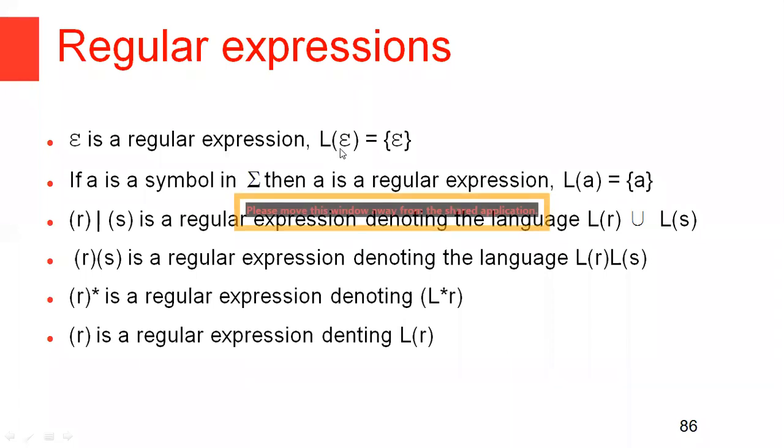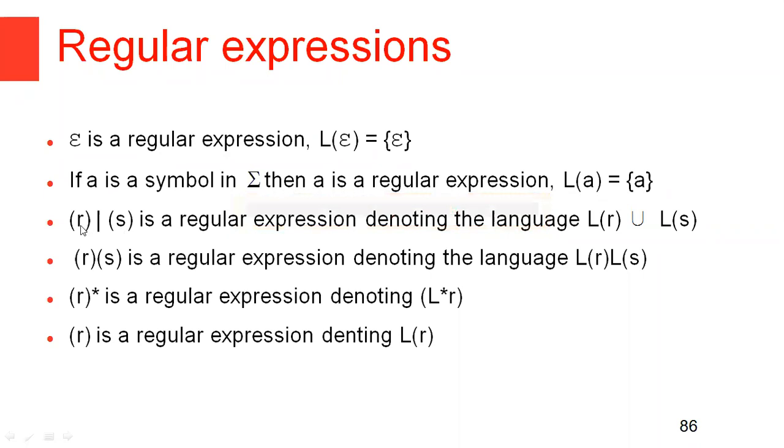L of epsilon is equal to, so epsilon is the regular expression. If A is a symbol in sigma, then A is a regular expression, and we can specify L of A equals small a.